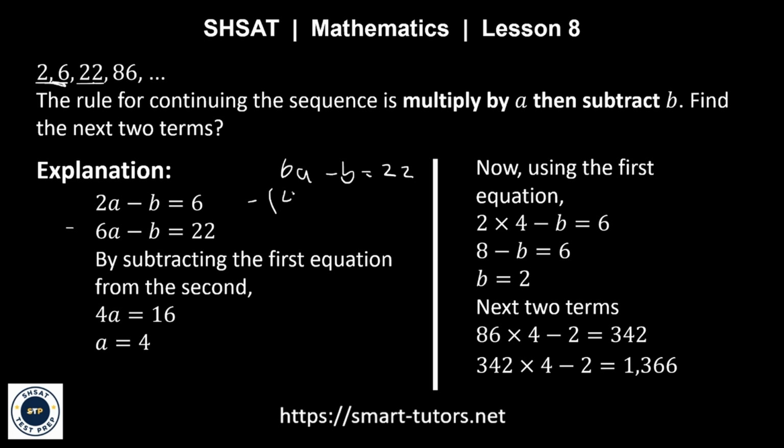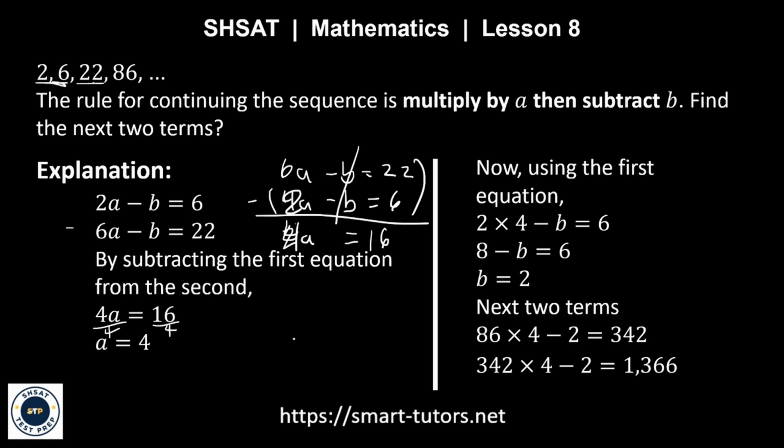So the B cancels out, and 22 minus 6 gives us 16. Well, this should have been 4A, so it's 4A equals 16, and if you divide both sides by 4, A gives you 4.